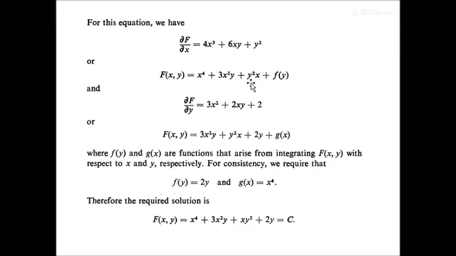So I can simply write initially 3x square y plus y square x. And if you compare these two equations, and as f(x,y) must be the same, so f(y) must be equal to 2y and g(x) must be equal to x to the power 4. Therefore the required solution will be x to the power 4 plus 3x square y plus xy square plus 2y. This must be equal to c.